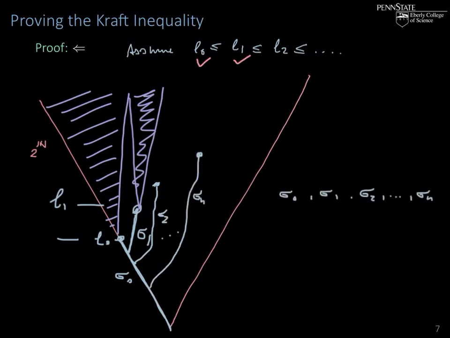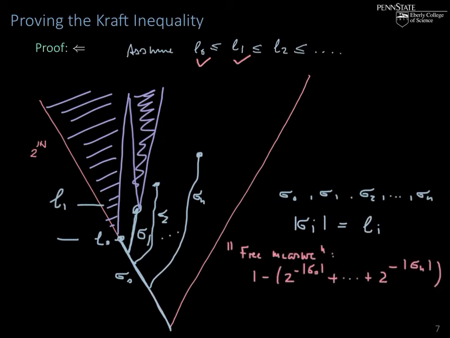Now assume we have chosen, in a prefix-free way, our strings sigma naught, sigma 1, sigma 2, up to sigma n, where the length of sigma i is L of i. Now, how much measure do we still have? How much free measure is there?